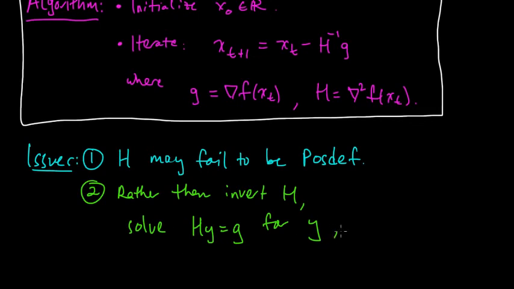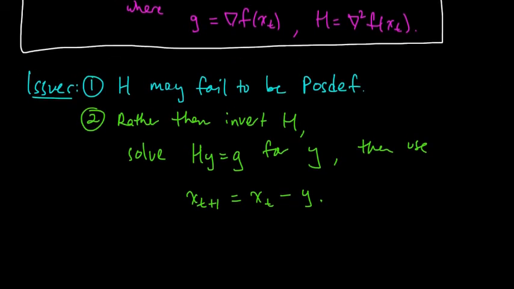So you would solve this for y, and then use xt plus 1 equals xt minus y. Mathematically speaking, this and the original formulation are equivalent, but for numerical and computational efficiency reasons, this is a more robust approach.